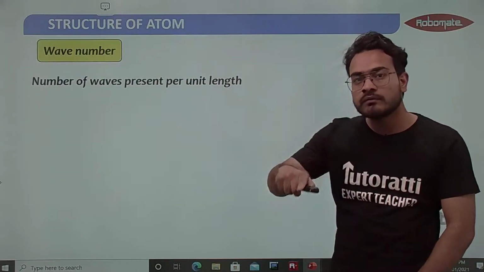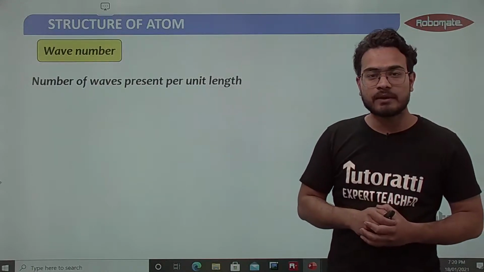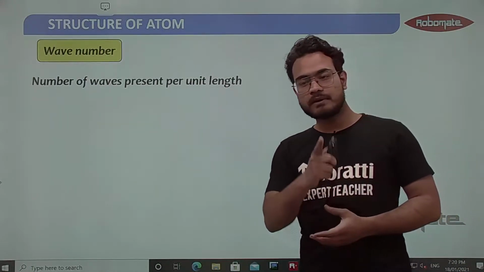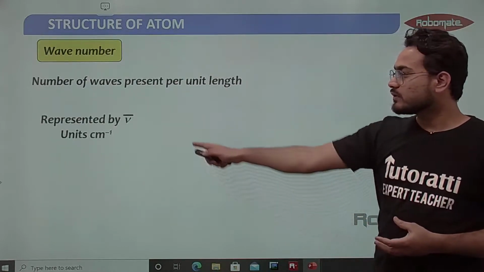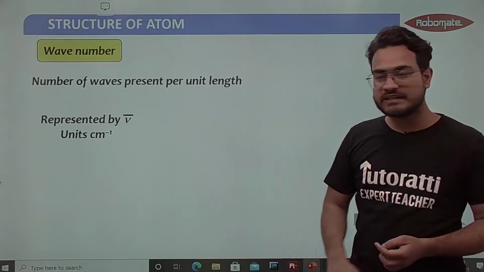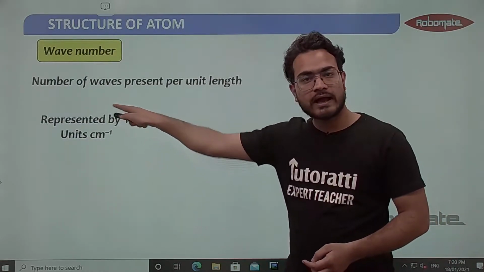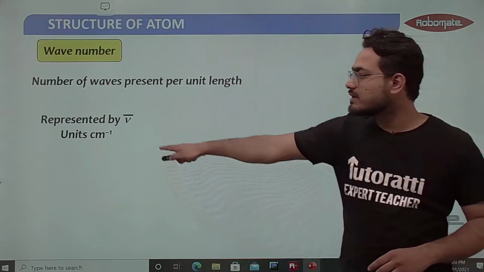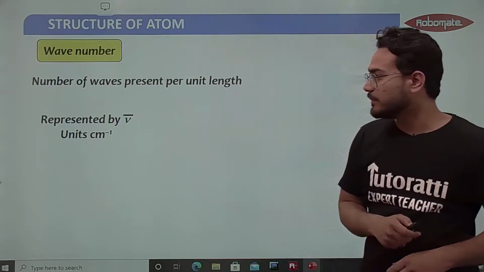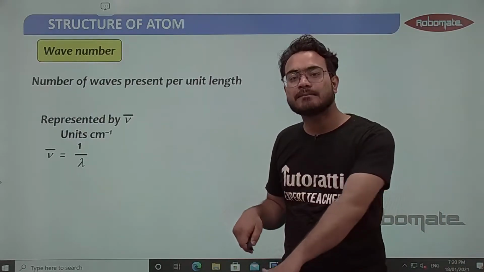So 1 upon meter will be the unit of wave number, and lambda also has unit of length. The wave number is represented by nu bar. This is nu and this is bar. The unit is centimeter inverse. It means nu bar is equal to 1 upon lambda.